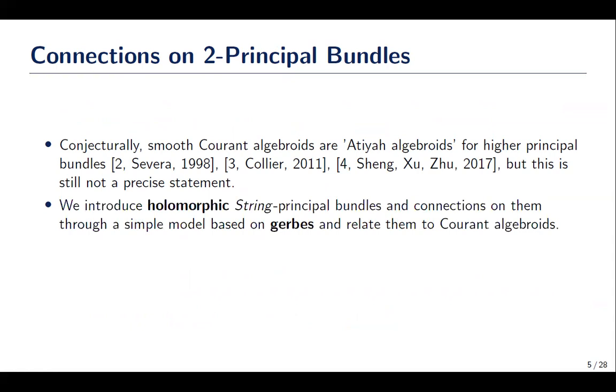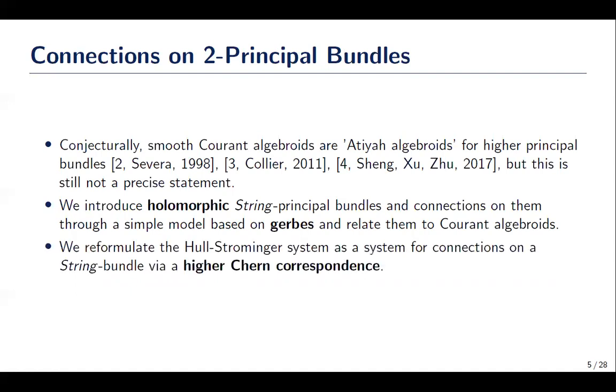So what we're going to do is to develop a theory of holomorphic principal bundles in this higher context and connections on them through the language of gerbes. And we will obtain a Chern correspondence for connections on these holomorphic principal bundles that will allow us to reinterpret the Hull-Strominger system.